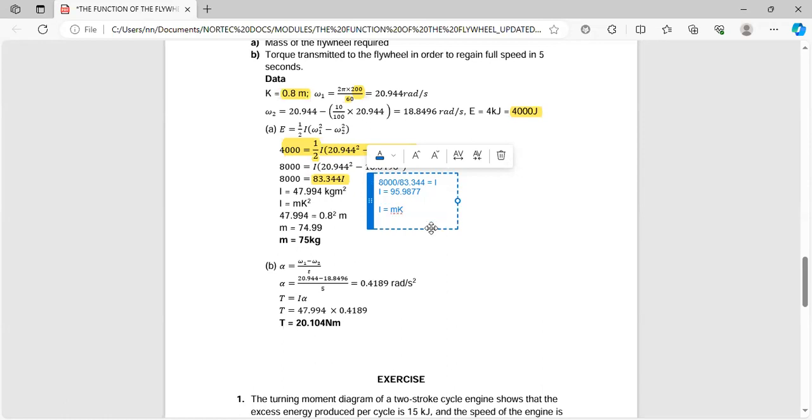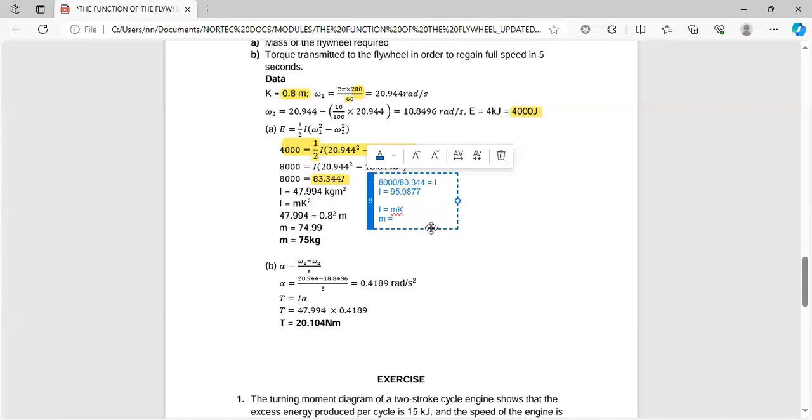So from here, I can find my M, where the value we found, 95.9877, is divided by 0.8 squared.